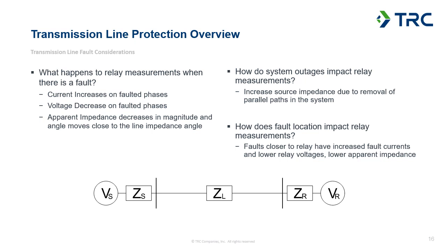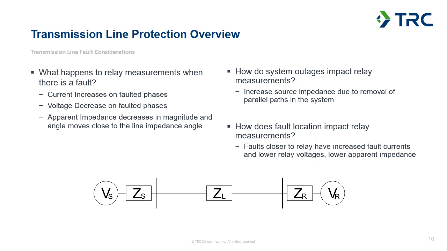The other thing that really has a big impact on the fault magnitudes and the measurement quantities is going to be the fault location. So this ZL could represent a 50 to 100 or more mile long line, and you could have a fault that's right outside the station, a couple hundred feet or even less outside of the protection zone, or it could be in the middle of the line or all the way at the end of the line.